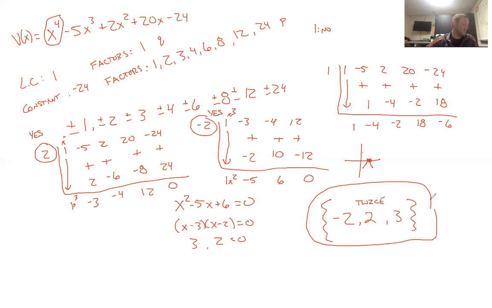All right, one more. -3x plus x squared minus 3 plus x cubed is equal to 0. Again, you'll look for the leading coefficient and your constant term. My leading coefficient is 1.